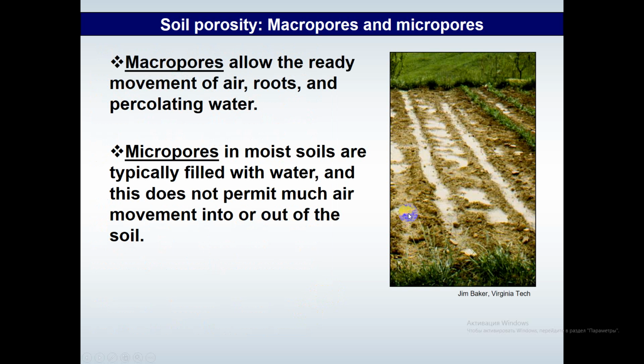Macropores allow the ready movement of air, roots, and percolating water. Micropores in most soils are typically filled with water, and this doesn't permit much air movement into or out of the soil.